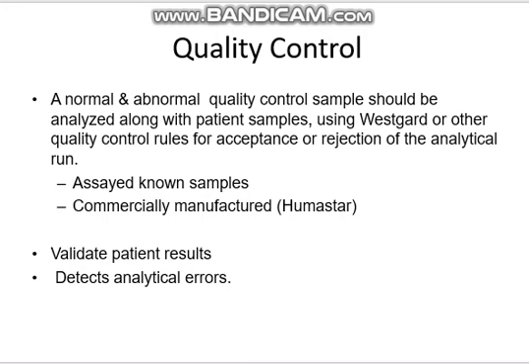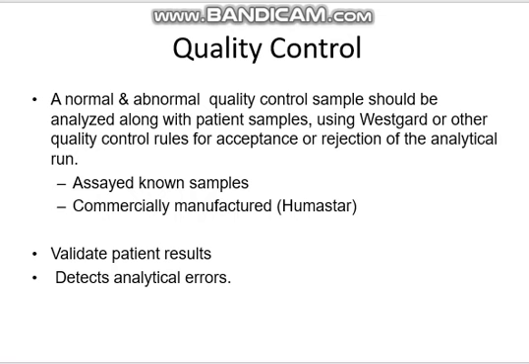Right, quality control, we always say this whenever you do a test, you have to make sure that you run it with a quality control sample or control serum. This can be manufactured commercially, or it can also be produced in the laboratory using pooled serum. Now, you also have to run it with a standard, if possible, a standard substance sample.